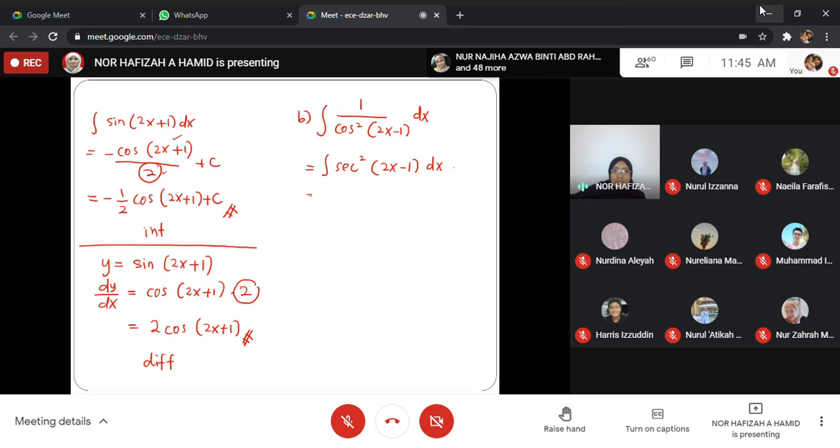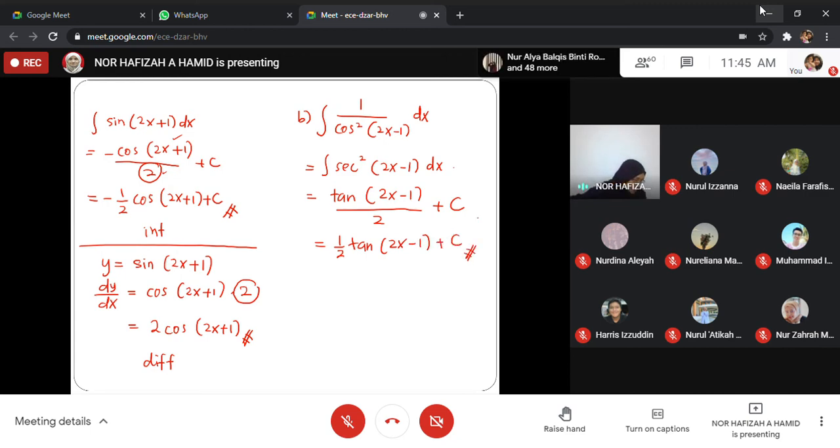So integrate secant square is equal to tangent. So you copy 2x minus 1 and overkan dengan 2. So 2 ni comes from differentiation of 2x minus 1. Okay, so plus with C. Equal to 1 over 2 tangent 2x minus 1 plus with C. Okay, so ini for B.